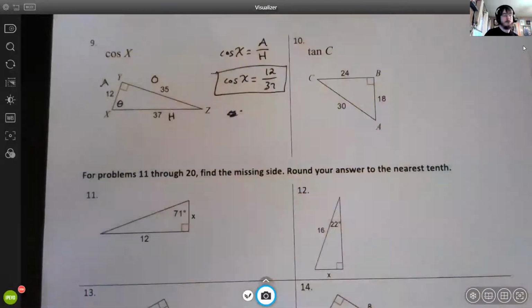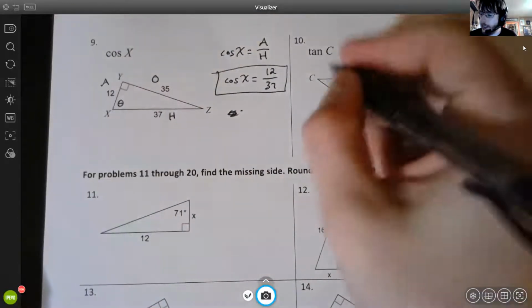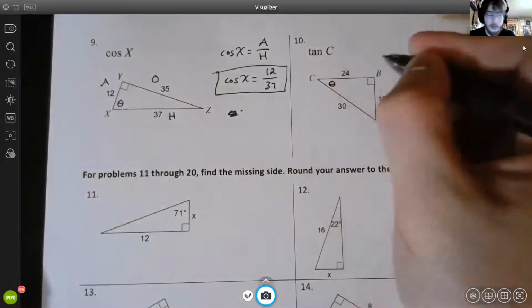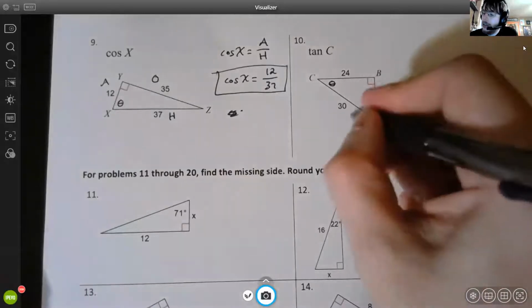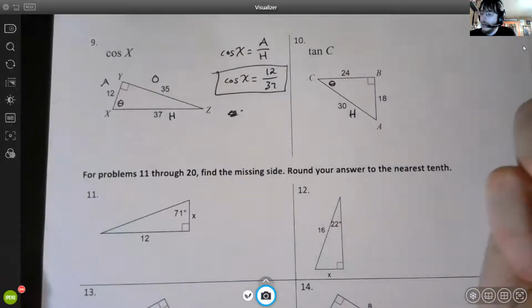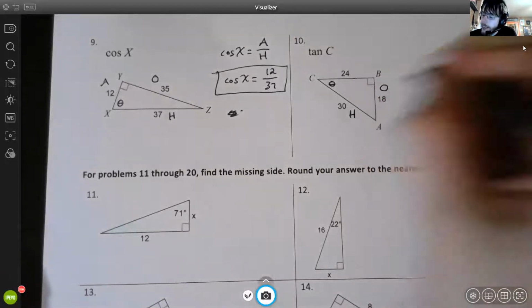Number 10, we have tangent of C. That means theta is our C, our angle C. Our hypotenuse in this case is 30. Our opposite side is the side that does not touch theta, which is 18.